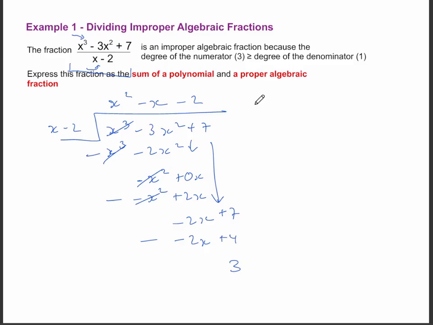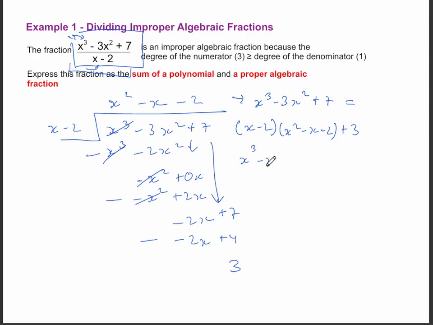Therefore, x cubed minus 3x squared plus 7 can be written as the multiplication of x minus 2 and x squared minus x minus 2, with a remainder of 3, so plus 3. Obviously this is the way we show the polynomial at the top, but we wanted to show this fraction right here. So we divide by x minus 2 on both sides.